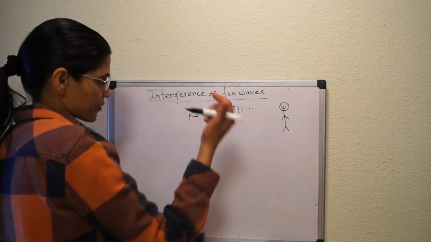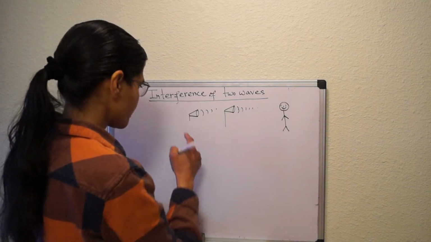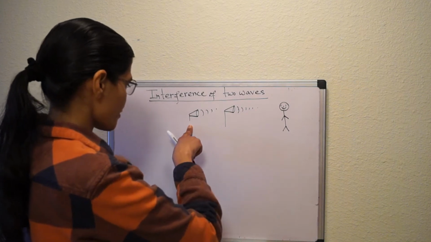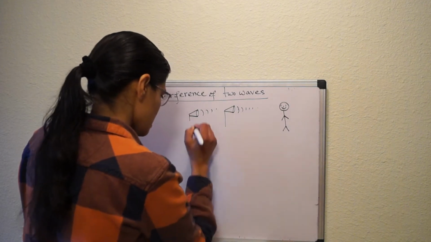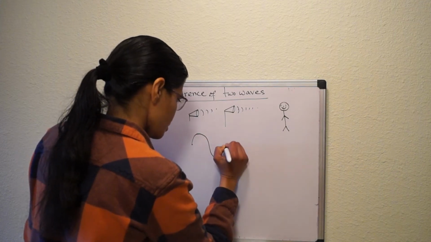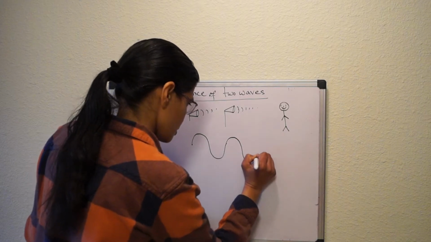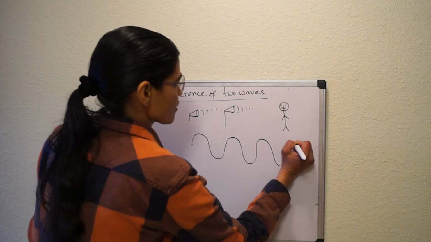Okay, so let's look at the physics behind this. Let's draw a wave produced by this speaker. I'm going to start here, and let's say this speaker is producing a wave that goes like this. This is what you hear.